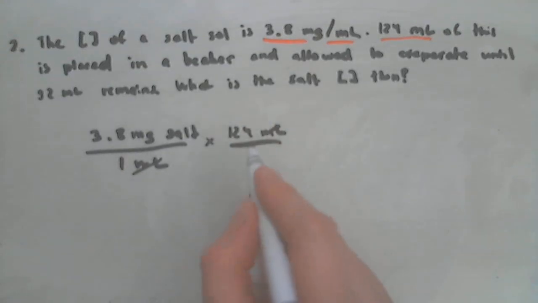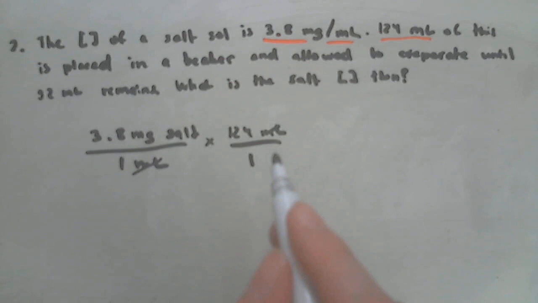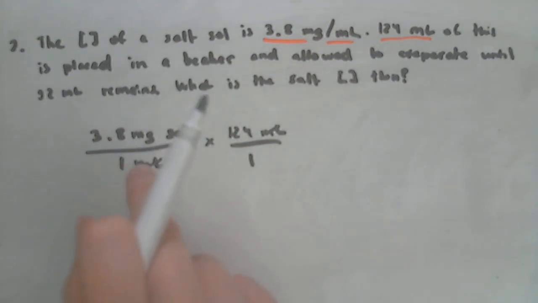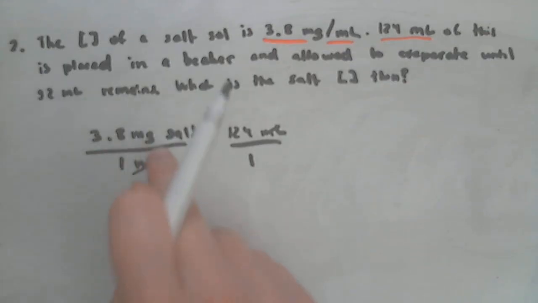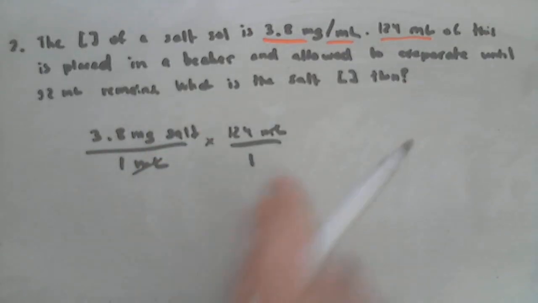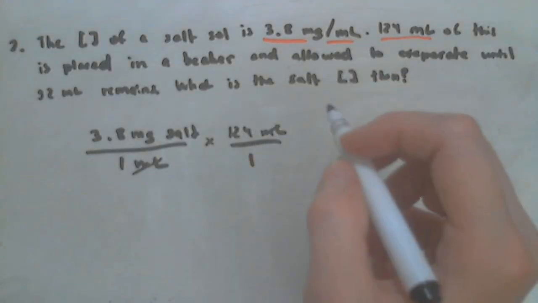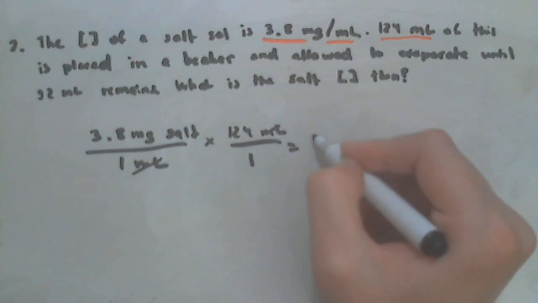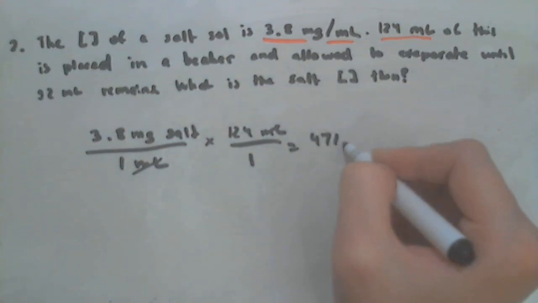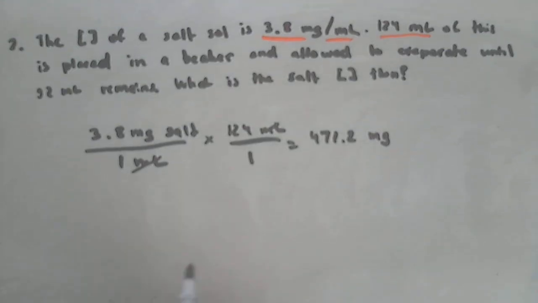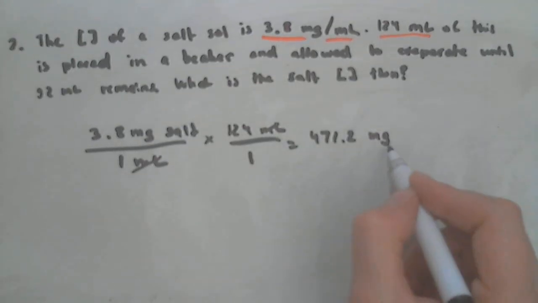Once again, we're just trying to find how many milligrams we're going to have in the end, in the solution. So 3.8 times 124 milliliters is going to equal 471.2 milligrams. Sounds good?